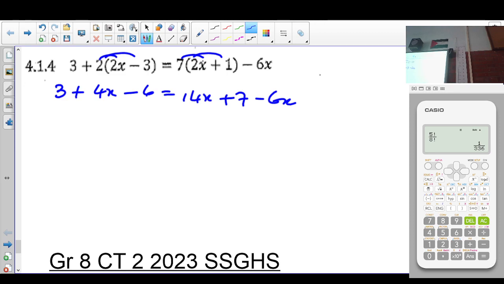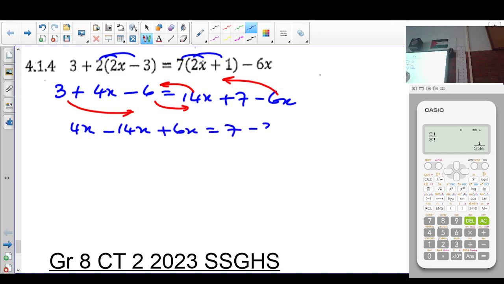X is one side, numbers are the other side. So it's going to be 4x minus 14x plus 6x equals 7 minus 3 plus 6. So it's minus 10. Minus 10 plus 6 is minus 4x is equal to 7 minus 3 is 4, 10.